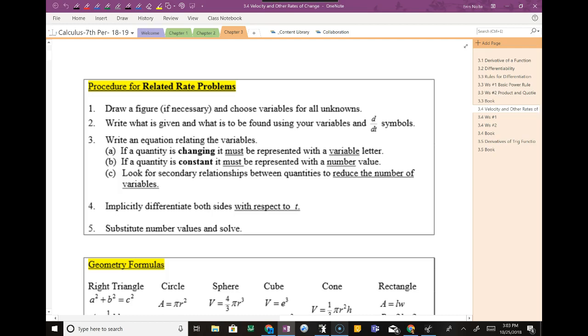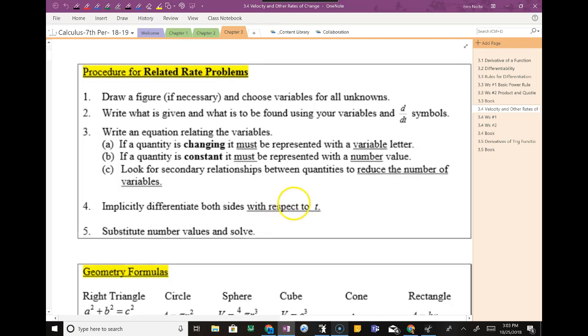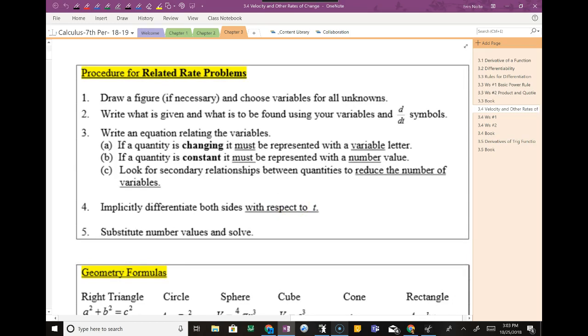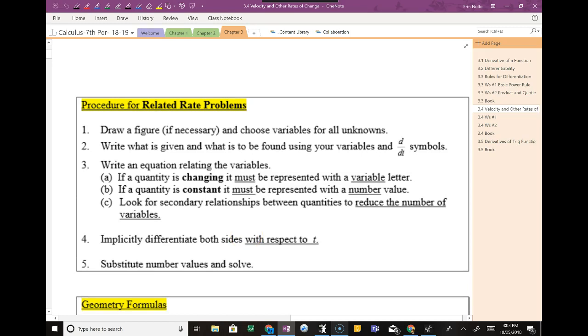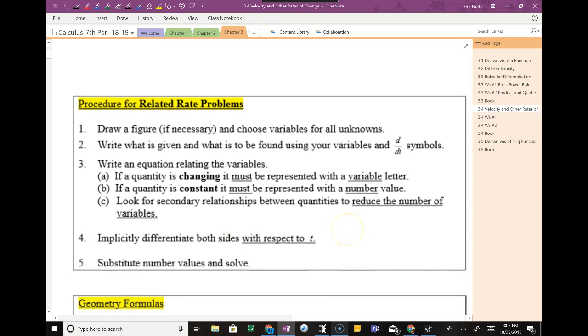When we're working with related rate questions, we are always going to be working in terms of time. So related rate is always in terms of time. What that means, do you see this right here? d/dt.